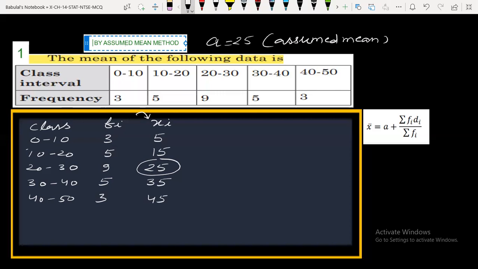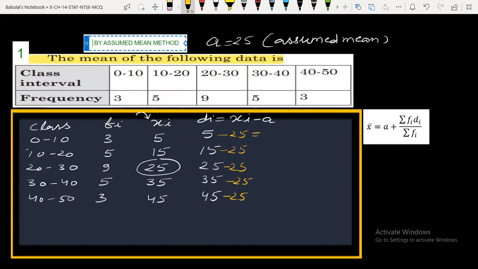So in the next column you write di. Actually di is xi minus a. Means how to write? Let us write here x, all the x values, that is 5, 15, 25, 35 and 45. यहाँ से हमें a को, assumed mean को subtract कर देना है. The assumed mean is 25, so subtract 25 from each.